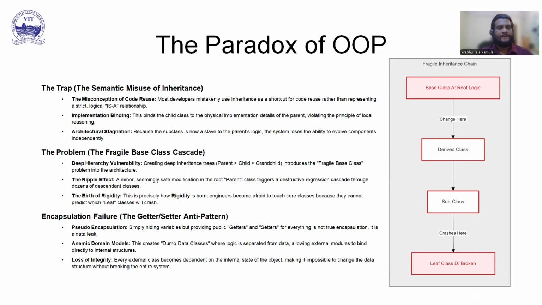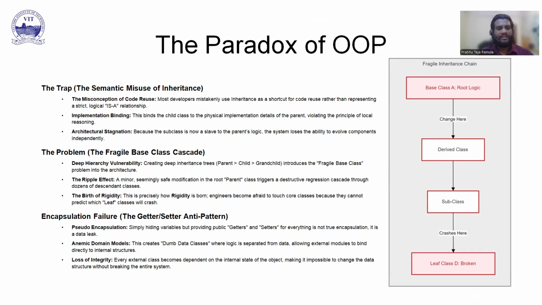The problem, the fragile base class cascade, deep hierarchical vulnerability, creating a deep inheritance tree. Parent to child and then grandchild introduces the fragile base class problem into the architecture.